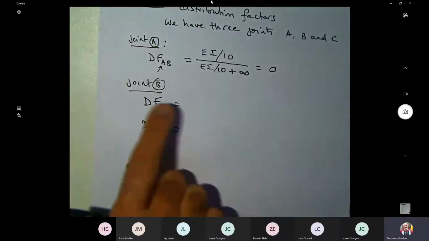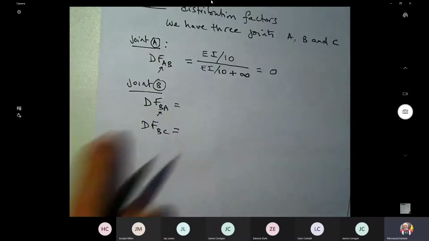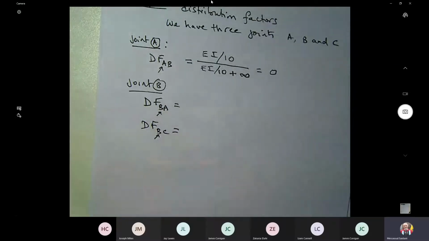So we calculate the distribution factor for joint B for member BA and the distribution factor for joint B for member BC, because that joint is shared between the two members, okay? Because joint B belongs to BA and BC.